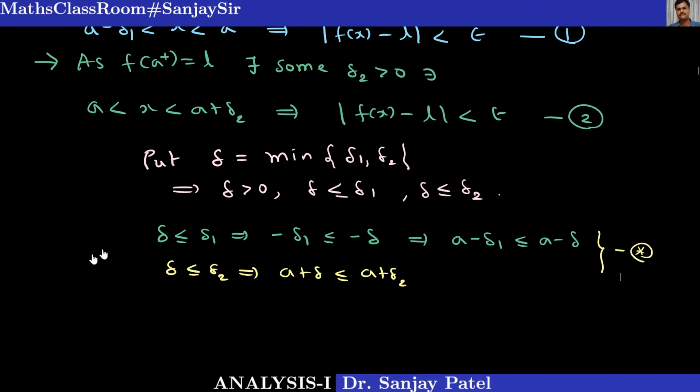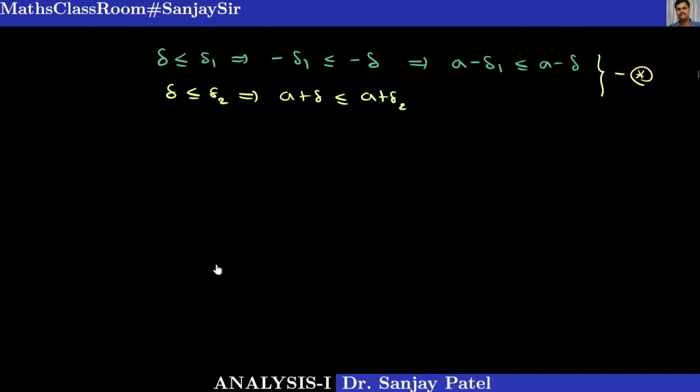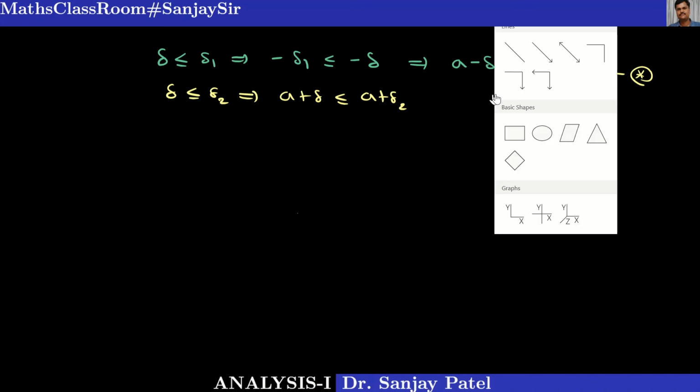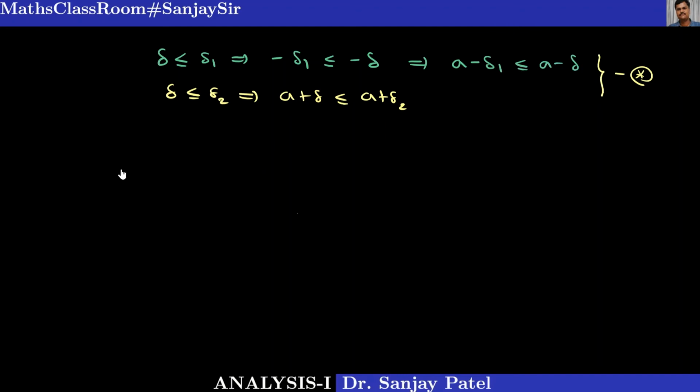Now what I want to do is this. Okay. So this suggests something like this. If I explain on a number line, say consider, okay, and if I take the point a somewhere here, point a, then a minus delta 1 is less than a minus delta.